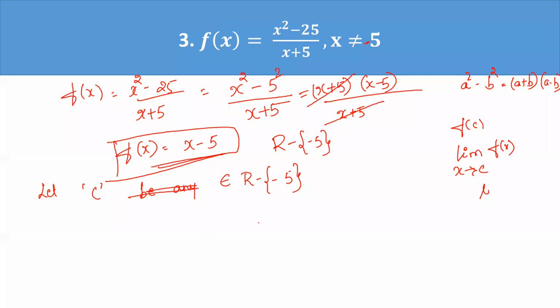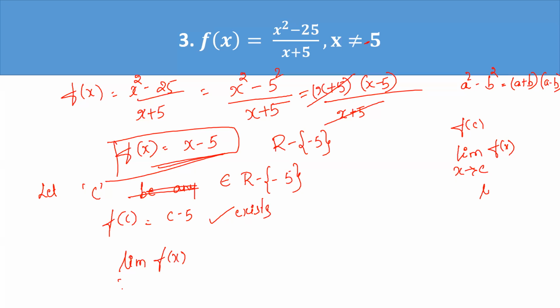Good student. Why? Because f of C is equal to C minus 5, and C is a real number which is not -5, so it is well defined. Yes, it exists. Then you have to check for the limit.